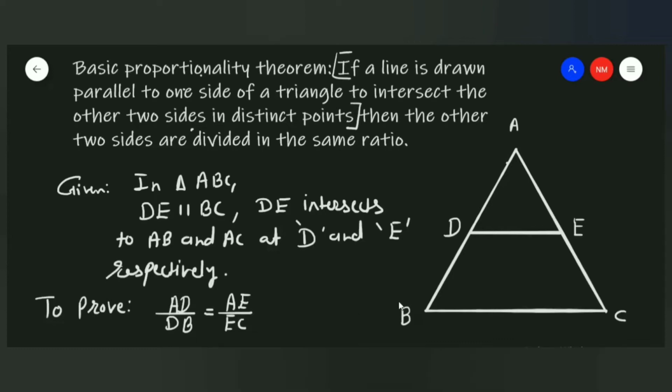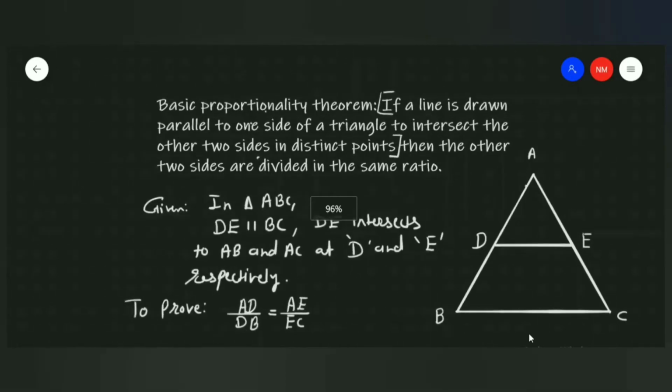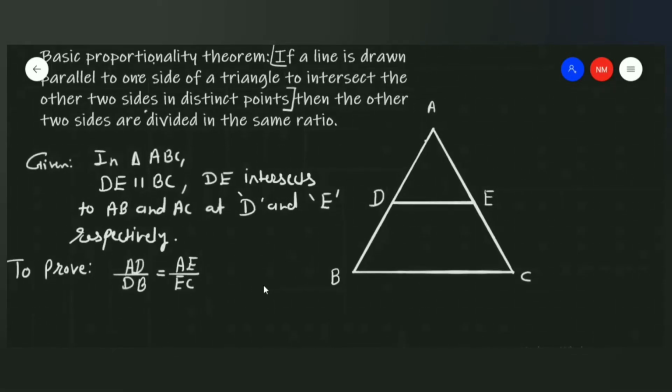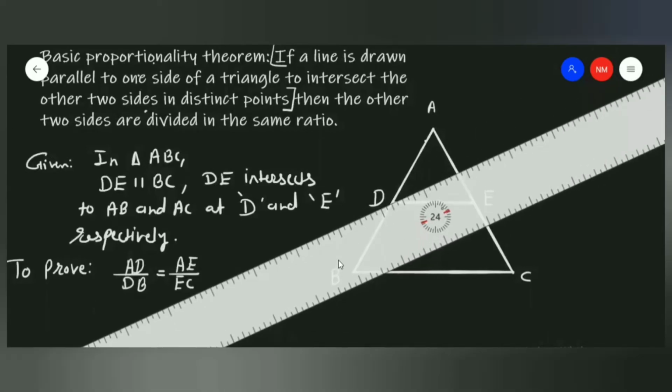Now, how to prove? Before going for the theorem, let's see if any construction part is there. Yes, there is a construction part. Here we are going to plot two altitudes.